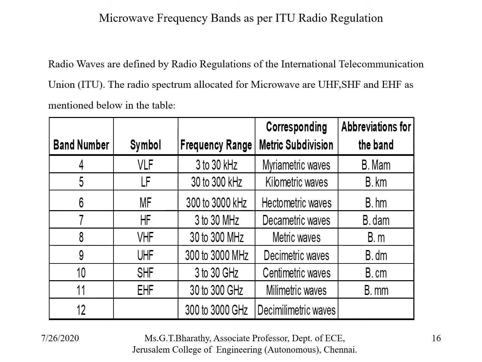This shows the frequency bands found in ITU radio regulations, ranging from very low frequency to extremely high frequency. We saw that the last three categories, ultra high frequency, super high frequency and extremely high frequency, combine to form the microwave frequency range.